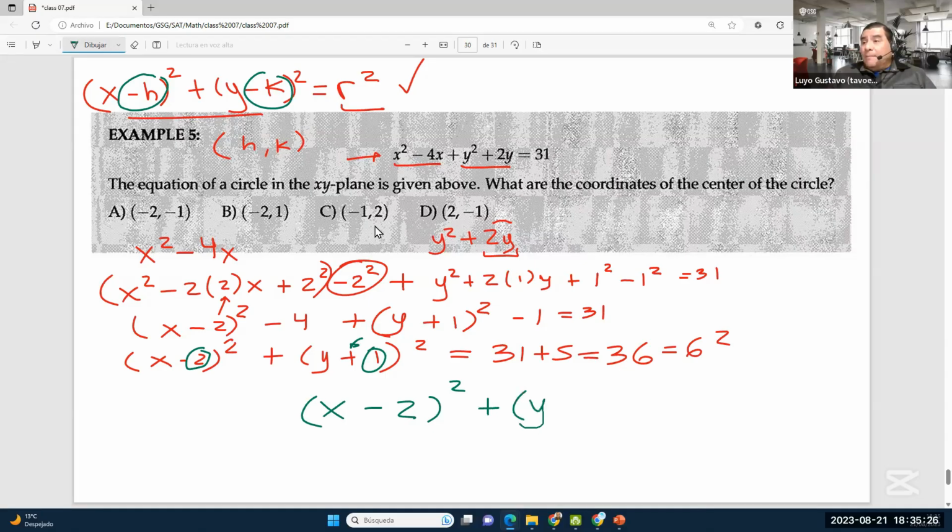Plus (y minus minus 1) squared. And this is 6 squared. So now we can identify our h and k. This one is h. This one here is k. So the correct answer is 2, negative 1.